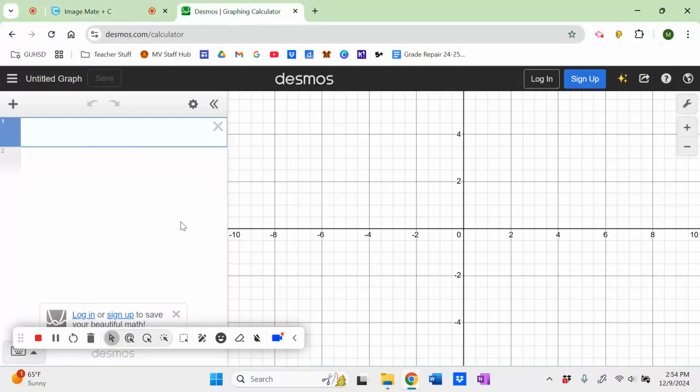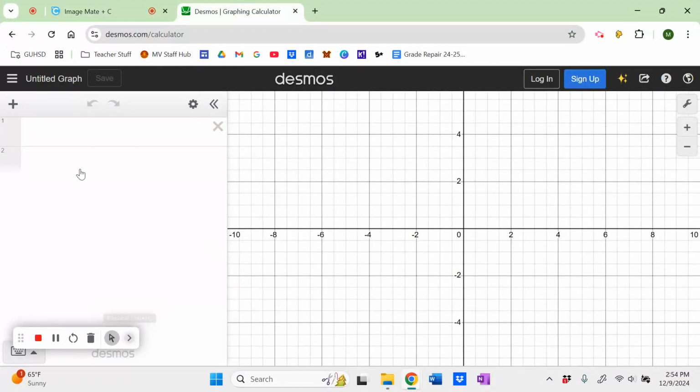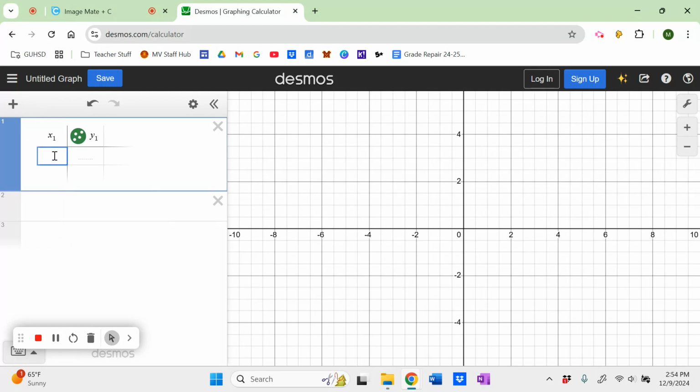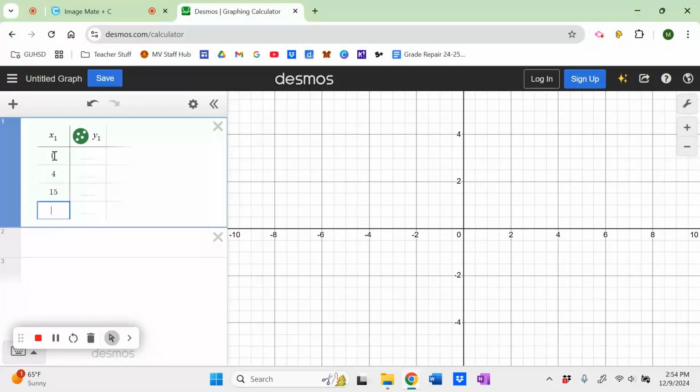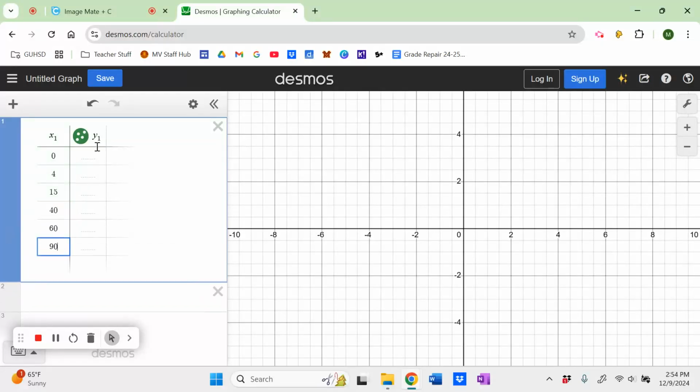So I'm going to go to Desmos. I'm going to click on this plus. Then I'm going to click on table, and I can go ahead and type in my table values. Make sure that you're very careful about how you type them in. Take your time, that way you don't make any mistakes.